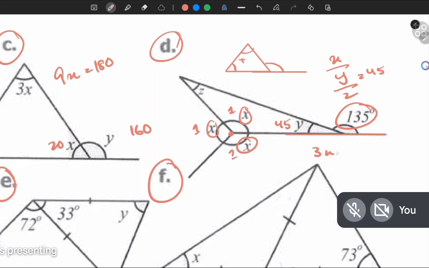So you've got 3x and that is equal to 360. Yes or no? Yes. Right. So how much is x equal to? 120. So now I've got two angles. Can you give me z?